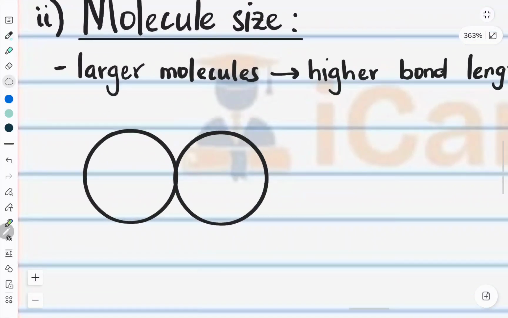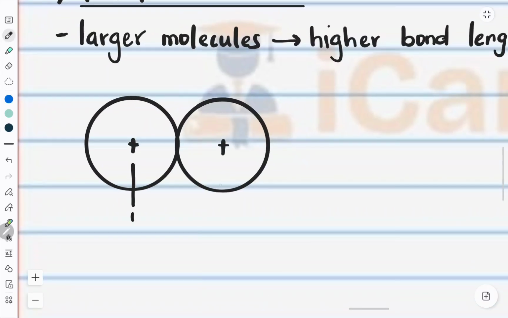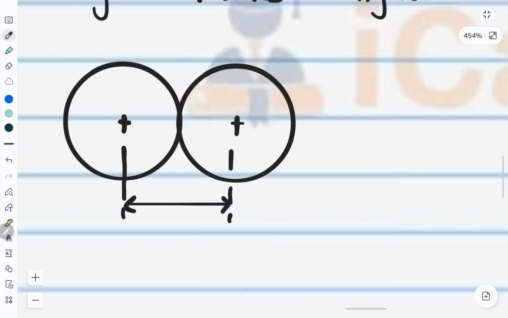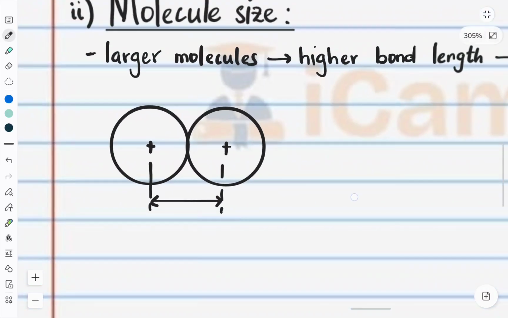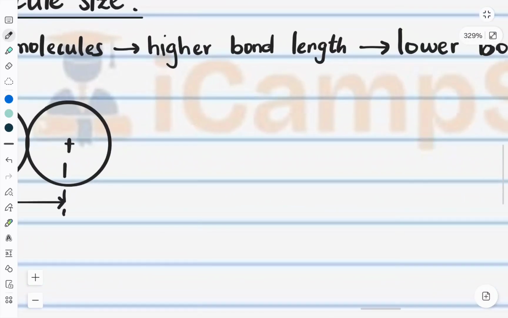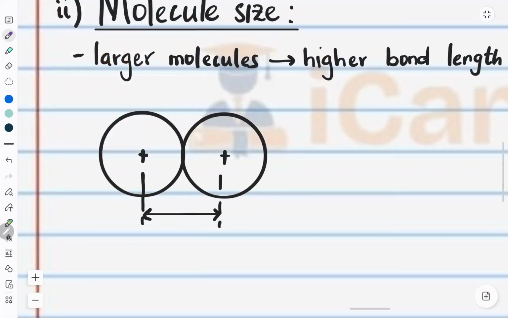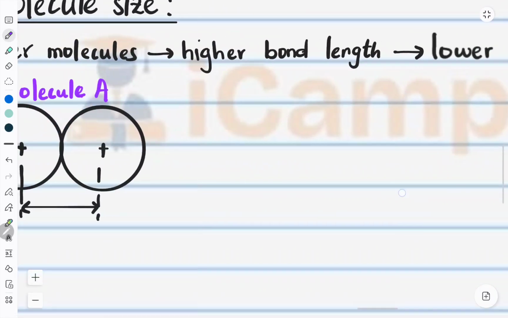If we measure the distance between their centers, you will find a specific value. This is the internuclear distance, the bond length. Molecule A is made up of atom 1 and atom 2. Now, let's go to molecule B.